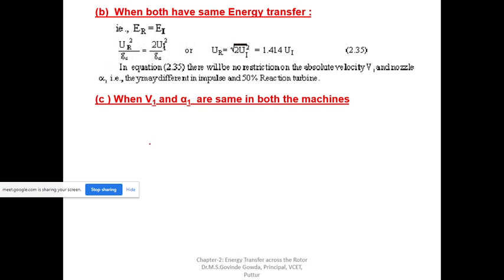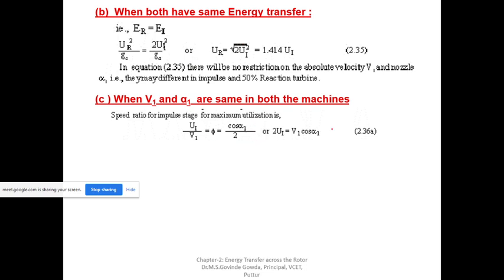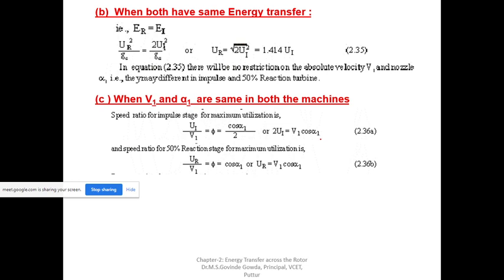When V1 and alpha 1 are same in both machines, at that time I am cross multiplying it, 2U1 equal to V1 cos alpha 1. For 50% reaction turbine it is given by U by V1 equal to cos alpha 1, therefore U equal to V1 cos alpha 1.